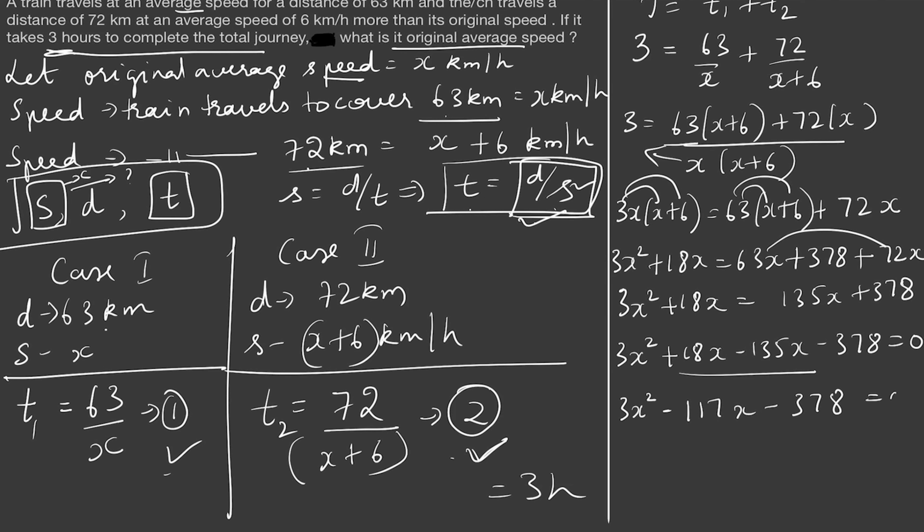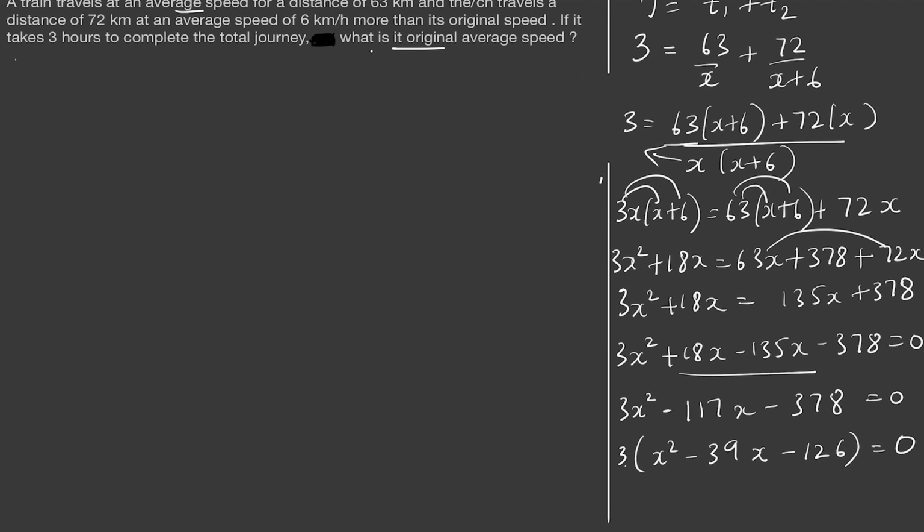Minus 378 is equal to 0. We can take 3 as common, so remaining is x square minus 39x minus 126 is equal to 0. If we take 3 to RHS, it is 0 divided by 3, nothing but 0 itself. So we are left with x square minus 39x minus 126 is equal to 0.